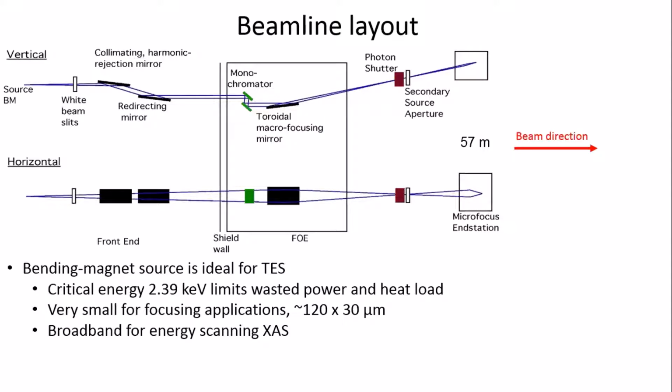The total heat load on the beamline is less than 100 watts, and it's spread out at the points where it's impacting the beamline. It has a very small source, ideal for focusing applications, and it's a broadband spectrum for energy scanning. So it's kind of an ideal source for this.